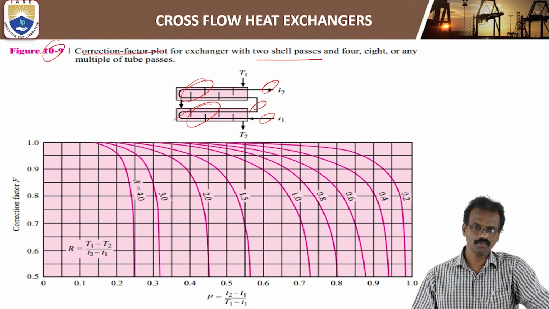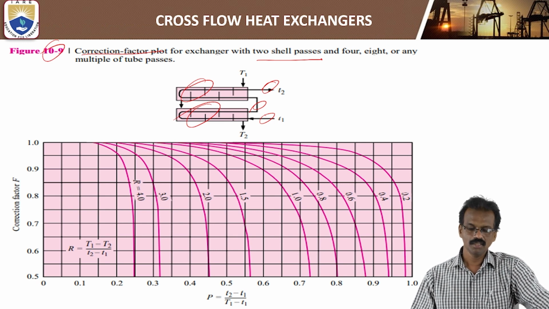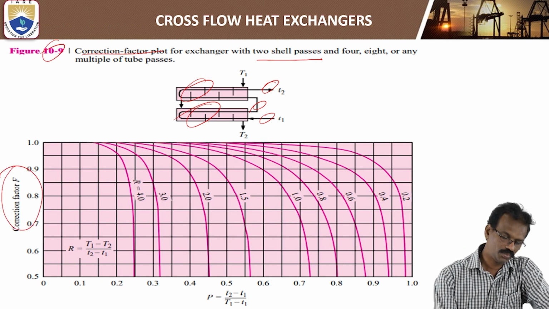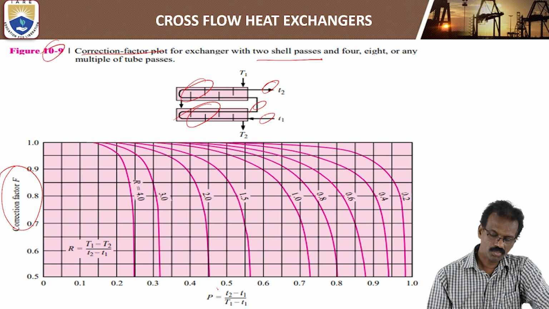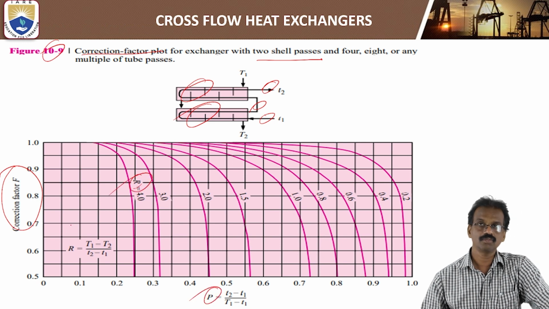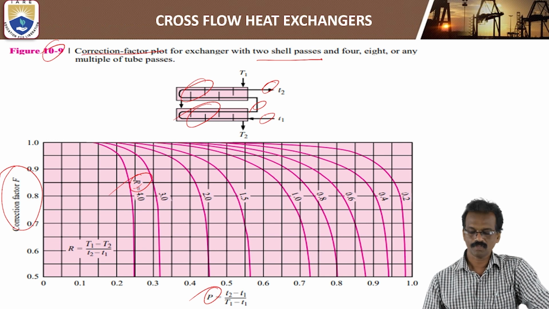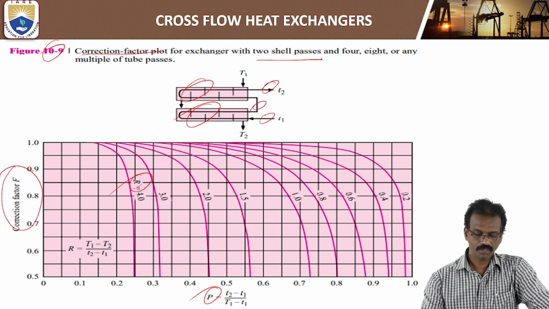If the condition is like this, you should use this figure to find the correction factor F by using the constants P and R. You know the formulas for the constants R and P.